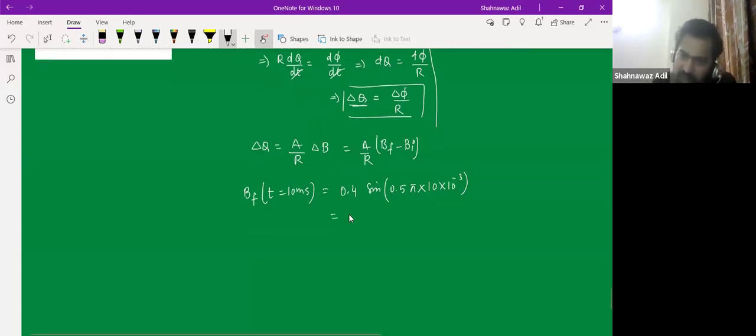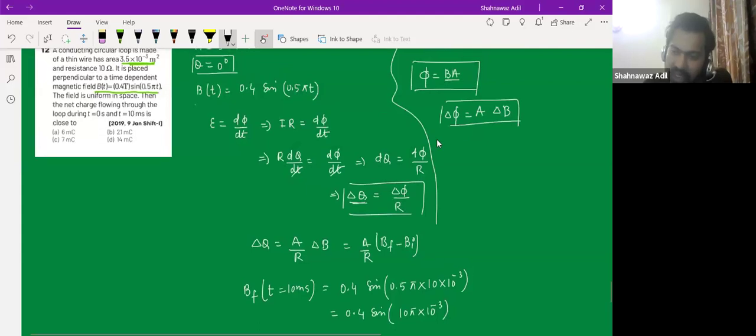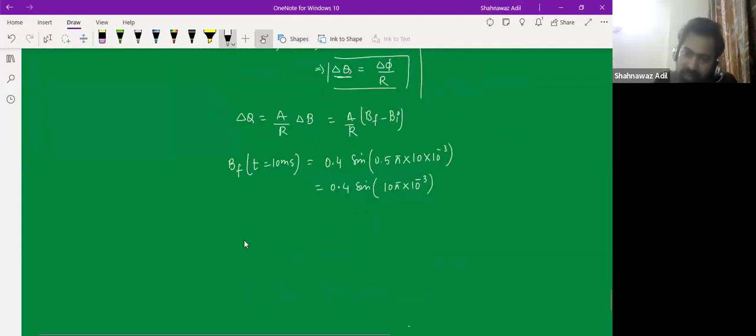So this is 0.5 sine, and this is 10 pi into 10 to the power minus 3. So this is the sine angle, right? And then we have P at 0 seconds, P initial, that is t equal to 0 seconds. So how much is this?